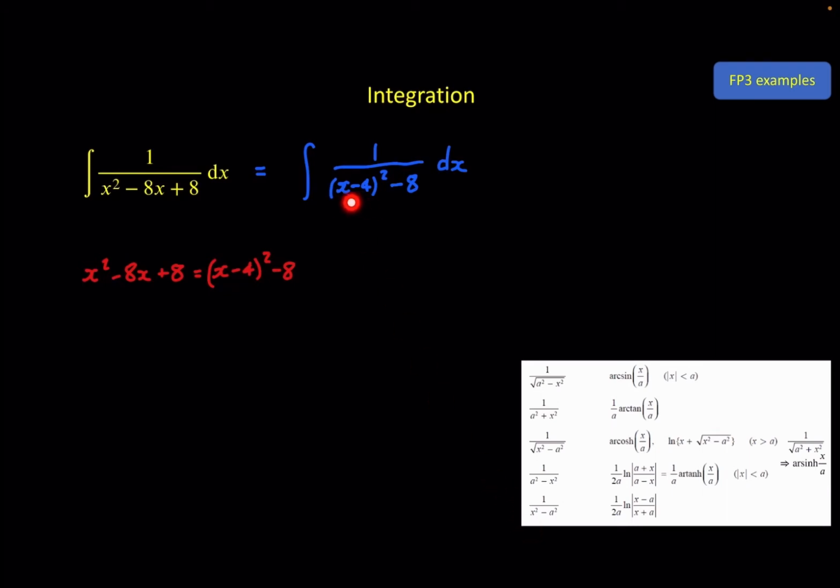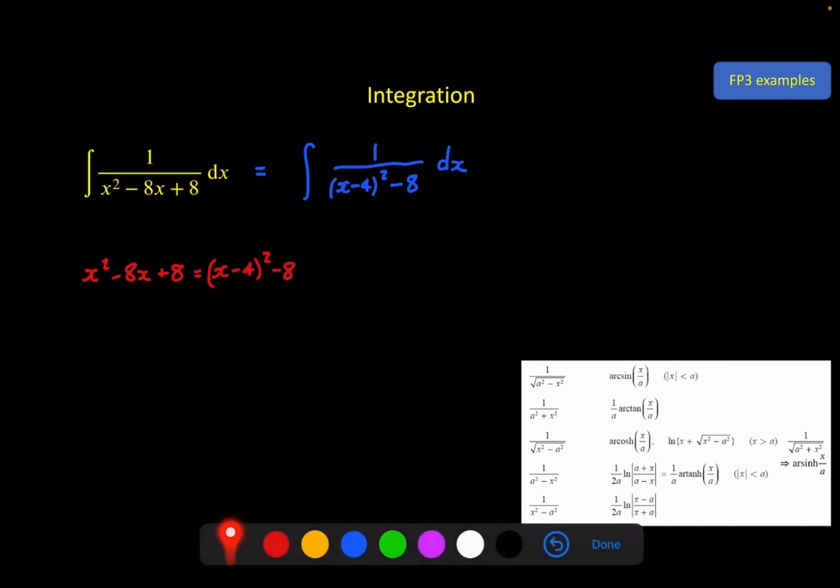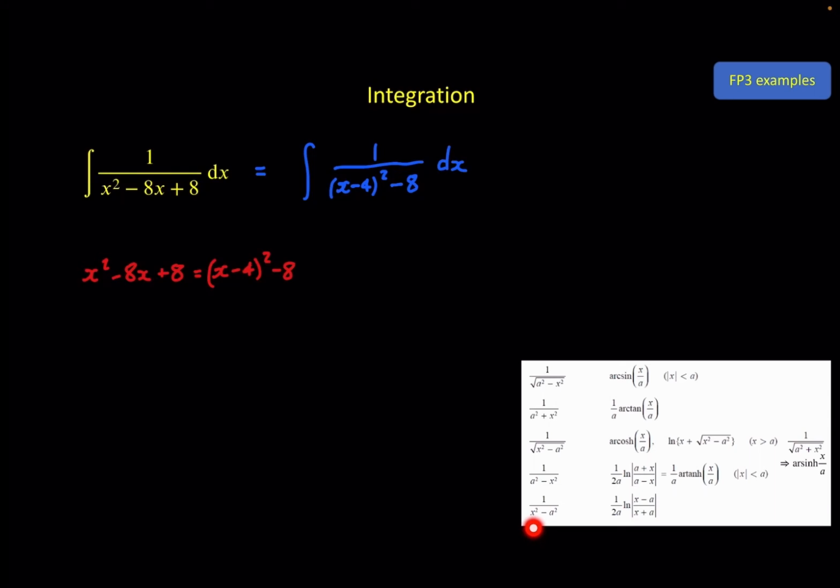This is x minus 4 squared, but with a linear transformation, or I guess if you wanted to do it formally, you could do a simple substitution where x minus 4 is equal to u or something like that. You could turn it into this form very easily, and then apply this standard result.